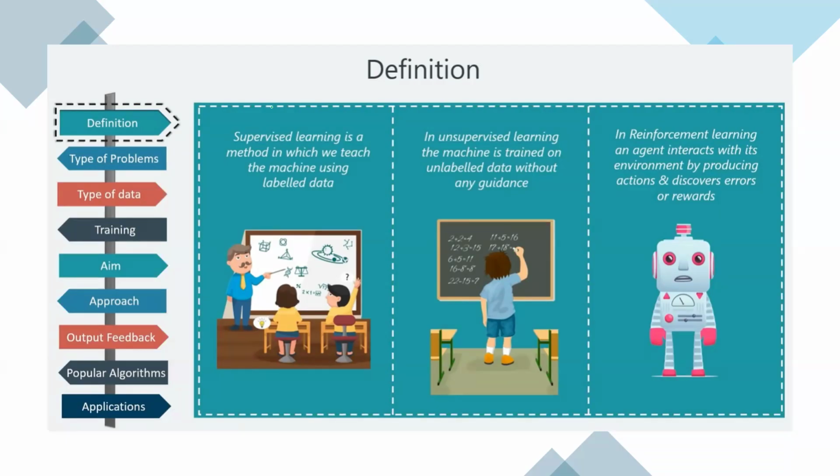If you want to take an example, take a child. If you want to teach him what a dog is, you show him the features of the dog and say this is a dog. And you take the cat, show him the features of the cat, and say this is a cat.